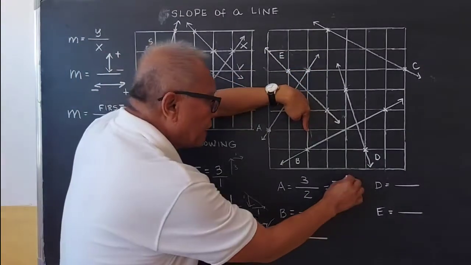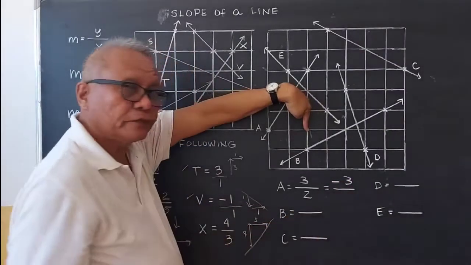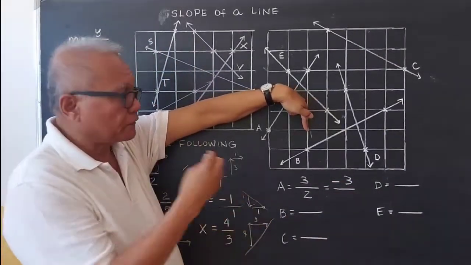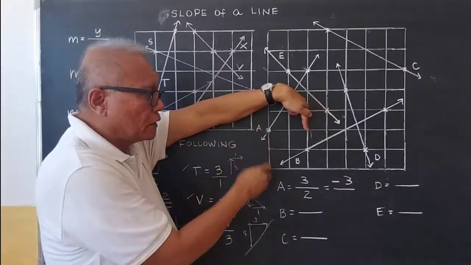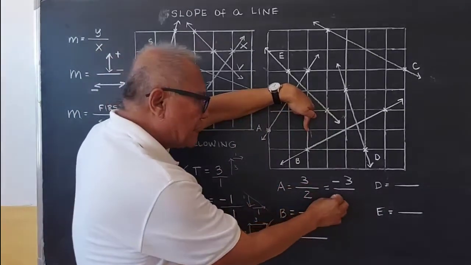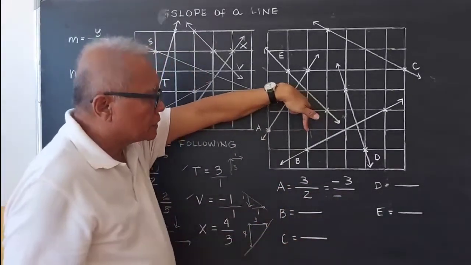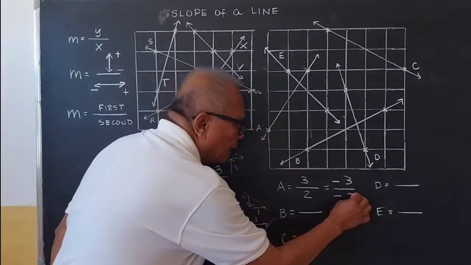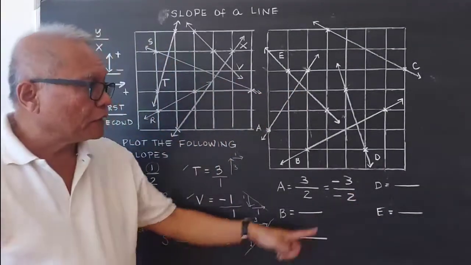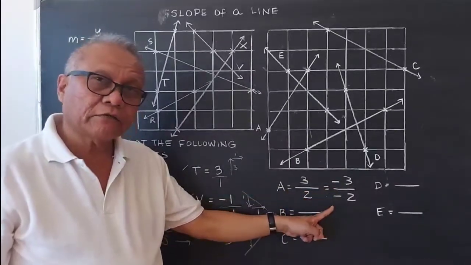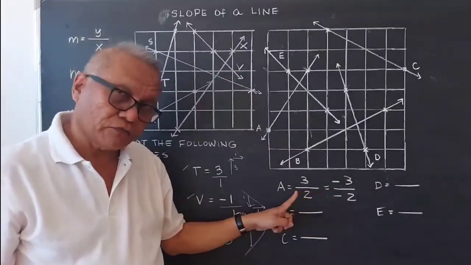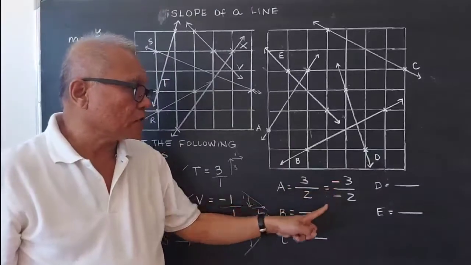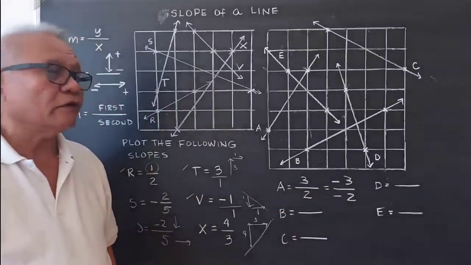So we have negative 3. Then we are going to the left to reach this point. And going to the left means negative again. So how many? 1 and 2. So we have 2. And what is negative over negative? That is positive also. So this one is also positive 3/2.